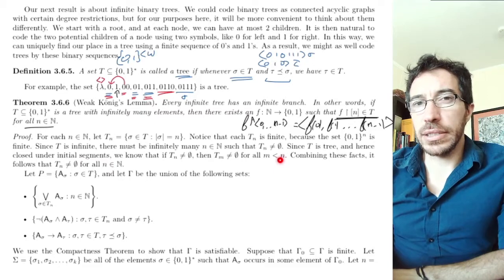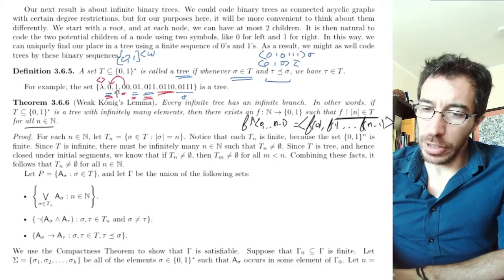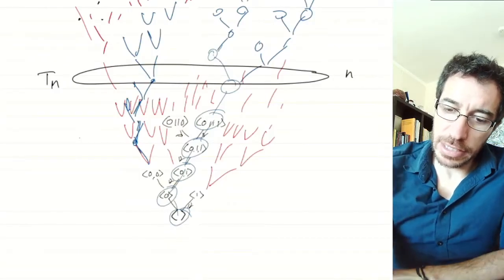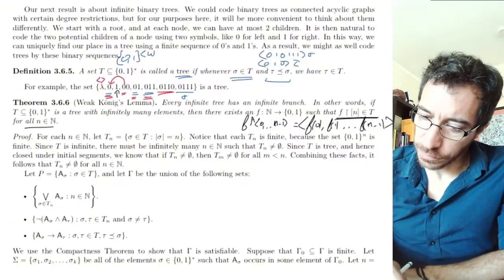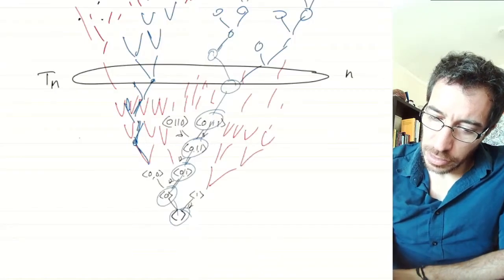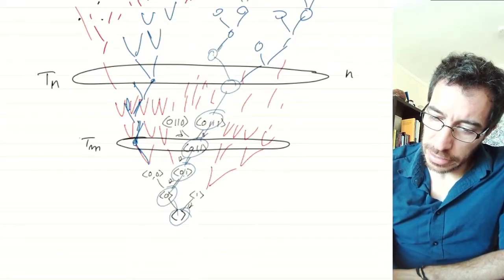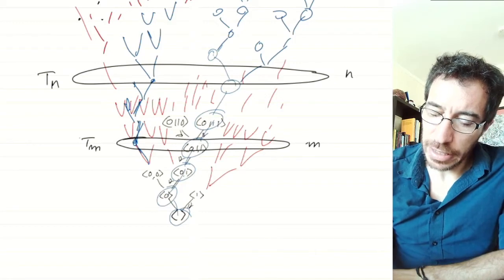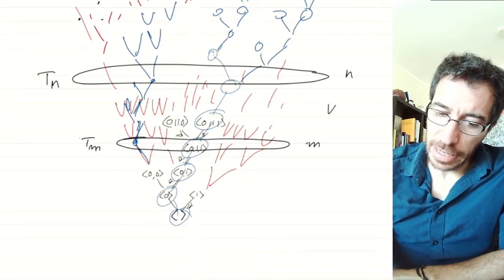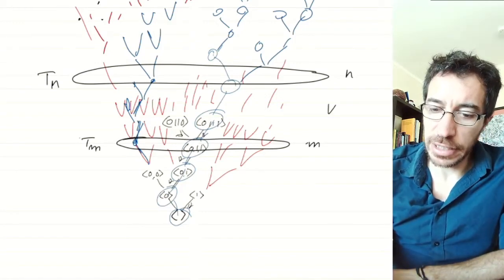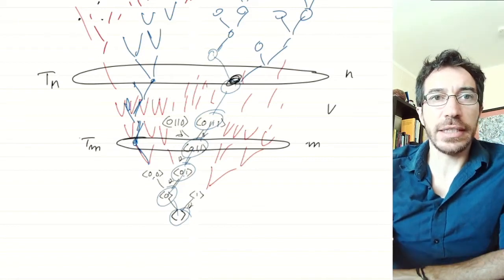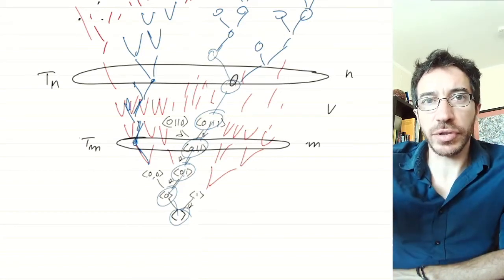Okay, why is that? Well, what it's saying is that if we have Tm here, and here is m below n, and Tn is not empty, so there is somebody here, then there must be somebody below, and that's because of the restriction property of the tree.